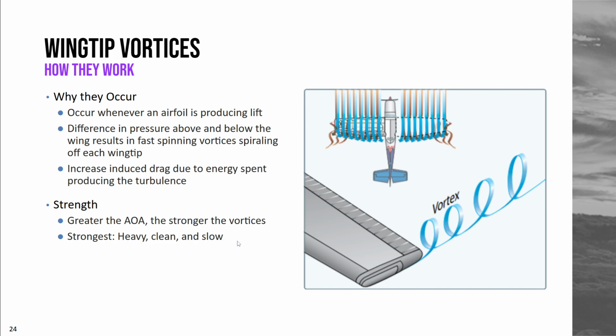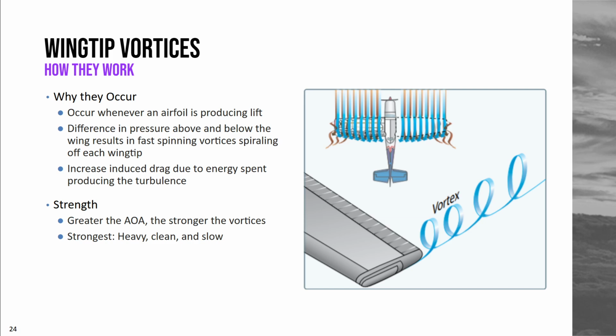So these vortices will be the strongest when an aircraft is heavy, clean, and slow. The only reason why is because heavy, clean, and slow all result in us having to fly at a higher angle of attack. A heavier aircraft will require a higher angle of attack. A slow aircraft will require a higher angle of attack.